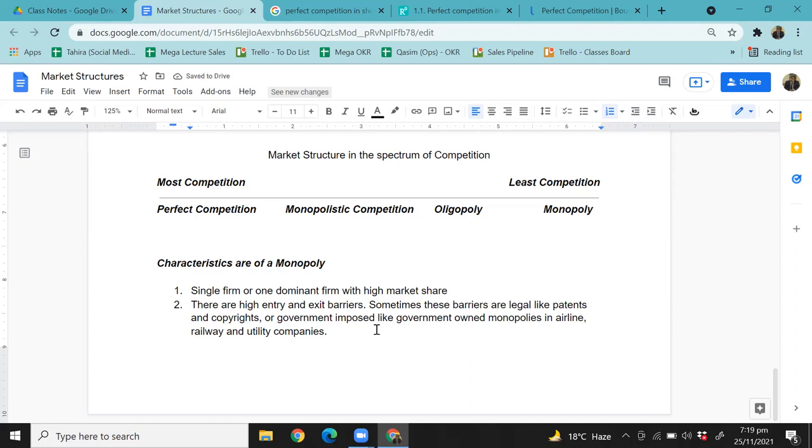Sometimes these barriers are legal, like patents and copyrights. Think about it: what is a patent? A patent is a legal document that you need to copy a product. Whenever something new is discovered in the world, people claim patents for that.